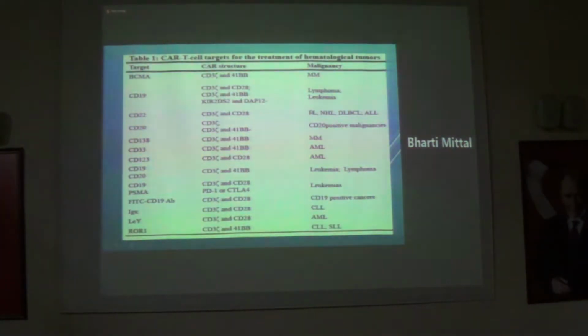These are the CAR cells available for the hematological tumors which target different proteins. CD3 epsilon and 41BB is targeting BCMA and reported for multiple myeloma. For AML, CD33 is a target, and CD123 could be a target.